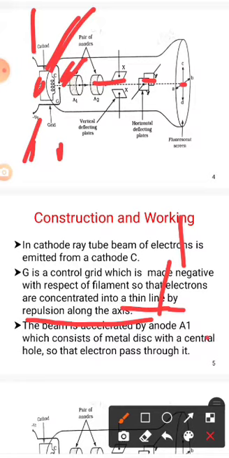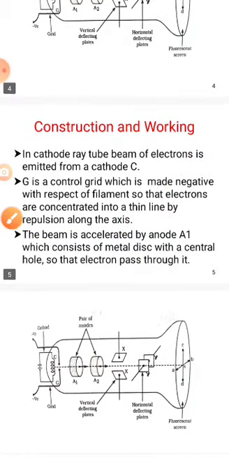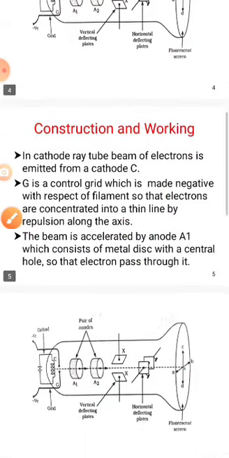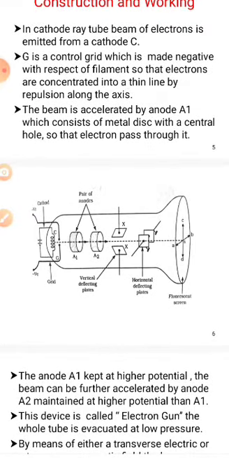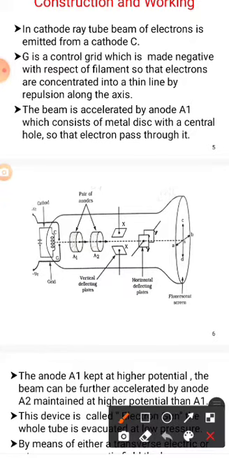Now the beam is accelerated by anode A. Here A1 and A2 are the anodes. The electron beam comes to anode A1 and is accelerated.